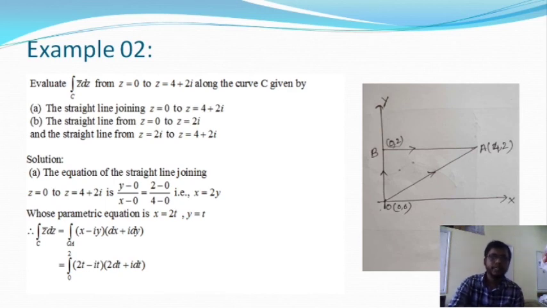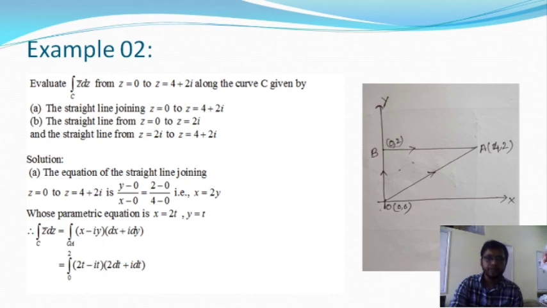Okay, first of all we will take the straight line joining the point z is equal to 0 to z is equal to 4 plus 2i, and it will be (y minus 0) by (x minus 0) is equal to (2 minus 0) by (4 minus 0). So after simplifying it will be x is equal to 2y.